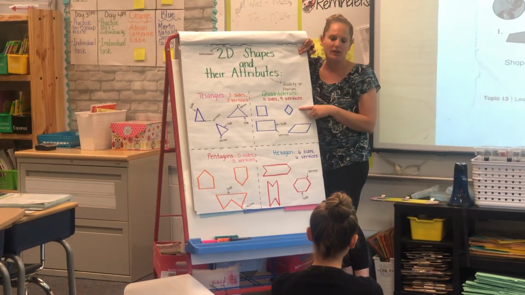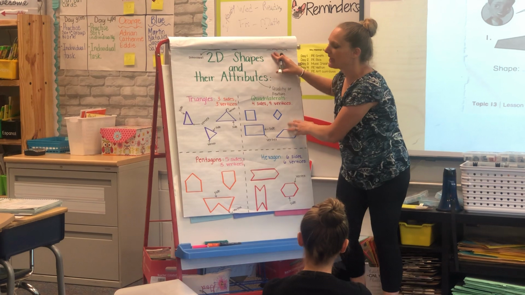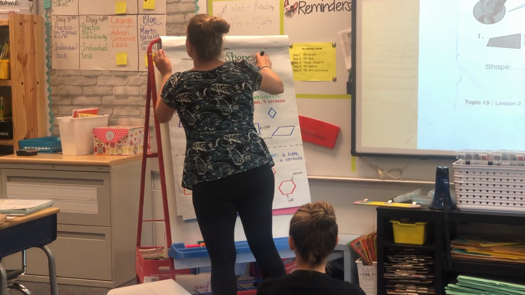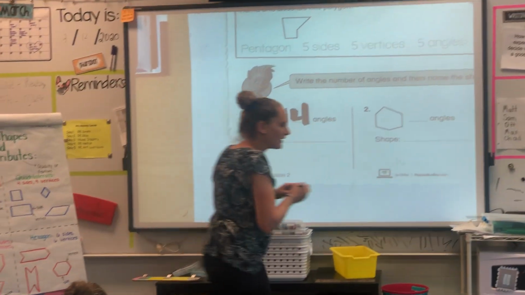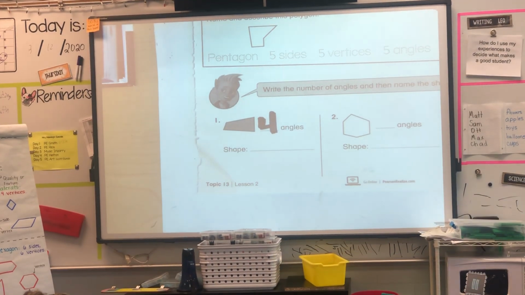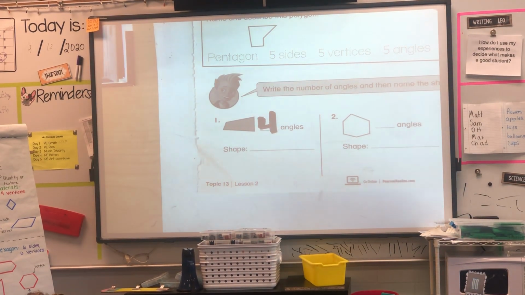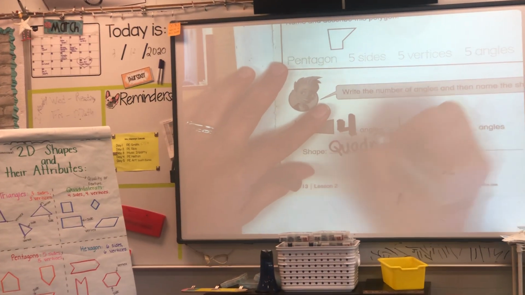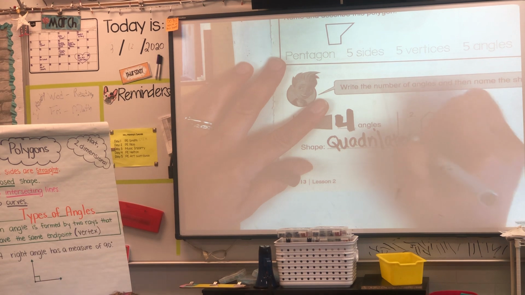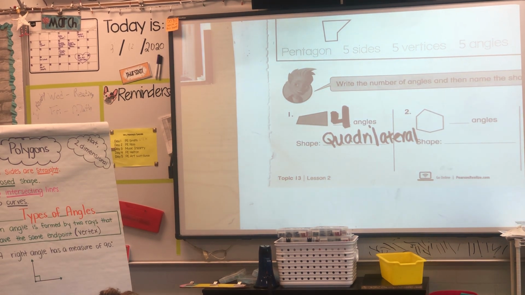I have a quadrilateral, because quad means 4. So my shape is a quadrilateral. It's a lot of big words for a little space, I know.